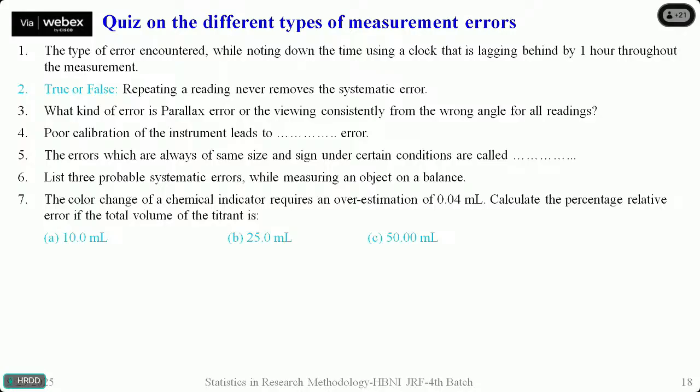If you keep the lid on the container, sometimes due to air trapped inside the vessel, that will also lead to systematic error. So it is always better that you remove the container lid while doing the measurement, if possible, if your material is not reacting with the atmospheric conditions. So those things you can take care of.